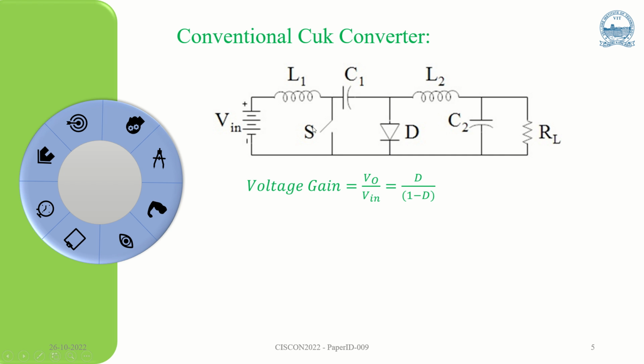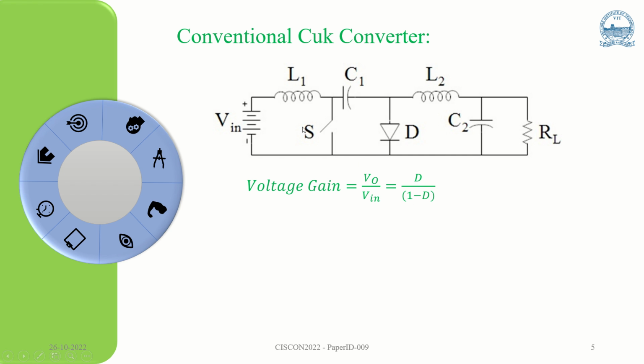The diode and the switch S function alternately in such a way that the energy is stored into the inductor L1 and C1, and in turn it is pumped into the inductor L2 and C2. For this conventional Cuk converter, the voltage gain is given by D divided by 1 minus D, where D is the duty ratio of the switch S.